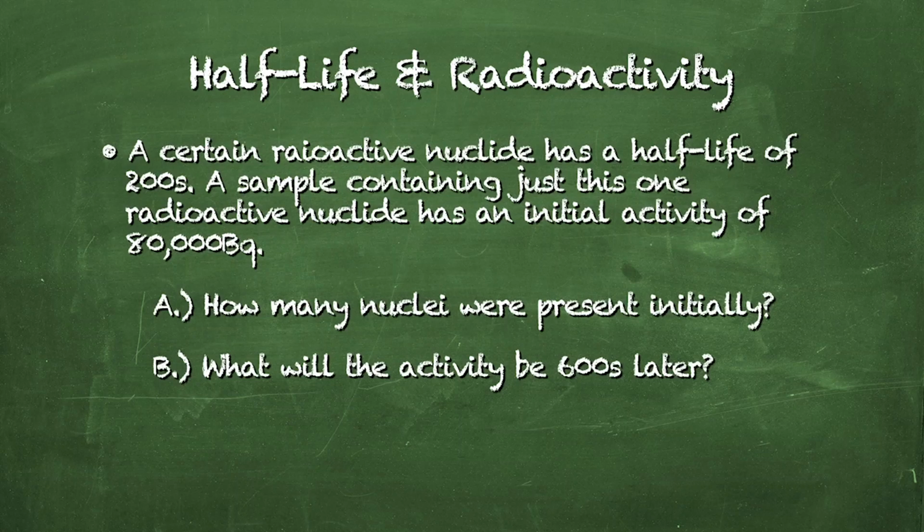A certain radioactive nuclide has a half-life of 200 seconds. A sample containing just this one radioactive nuclide has an initial activity of 80,000 becquerels. How many nuclei were present initially? What will the activity be 600 seconds later?